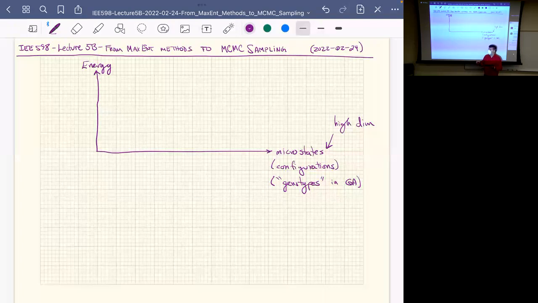Each configuration might be hopping from one state to another, sometimes up the energetic landscape, sometimes down. If we plot this energetic landscape over this high dimensional space, which I've compressed into one dimension for simplicity, as if I could enumerate the microstates, this is microstate 1, this is microstate 2, and so on, we would get a possible landscape that might look something like this.